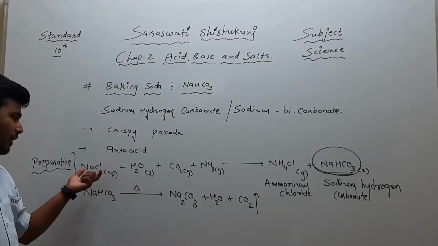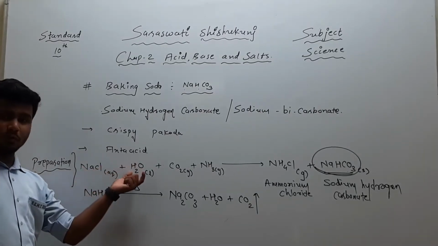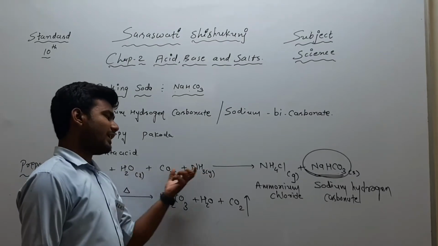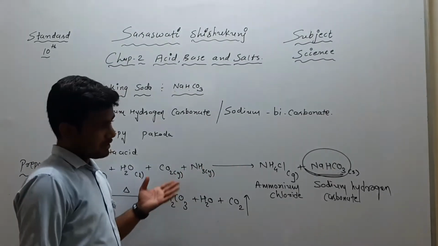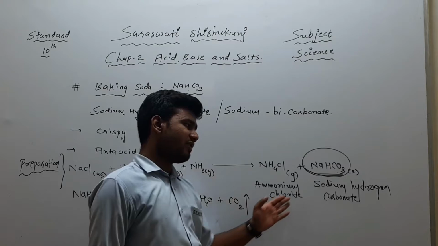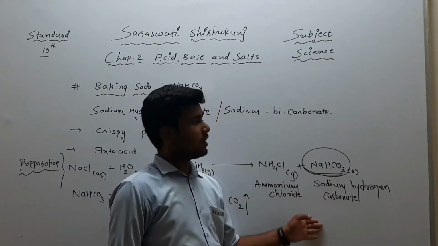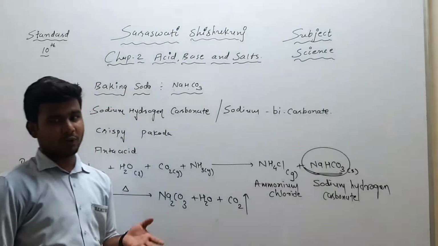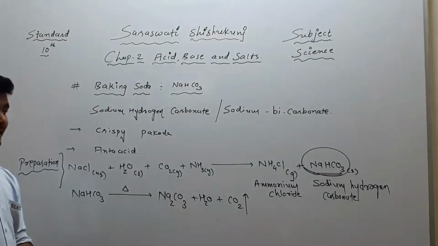How is it prepared? Common salt reacts with water, and into that aqueous solution carbon dioxide and ammonia gas are passed. By doing this, we get sodium hydrogen carbonate, our baking soda, in solid form, and NH4Cl, ammonium chloride, remains in solution.